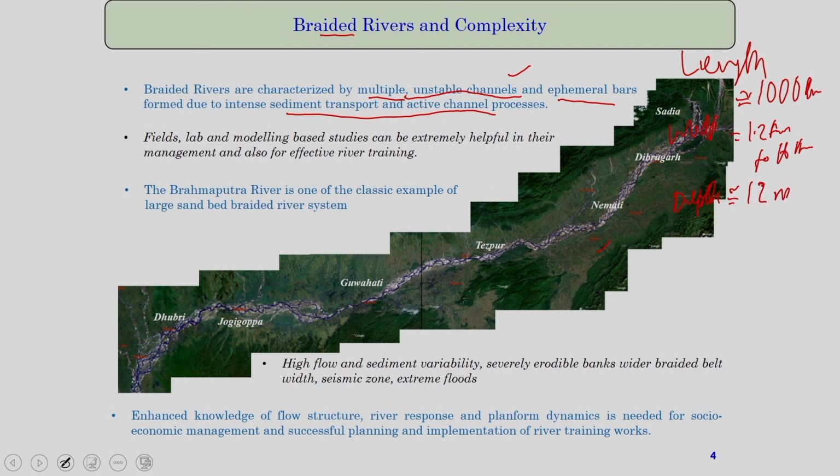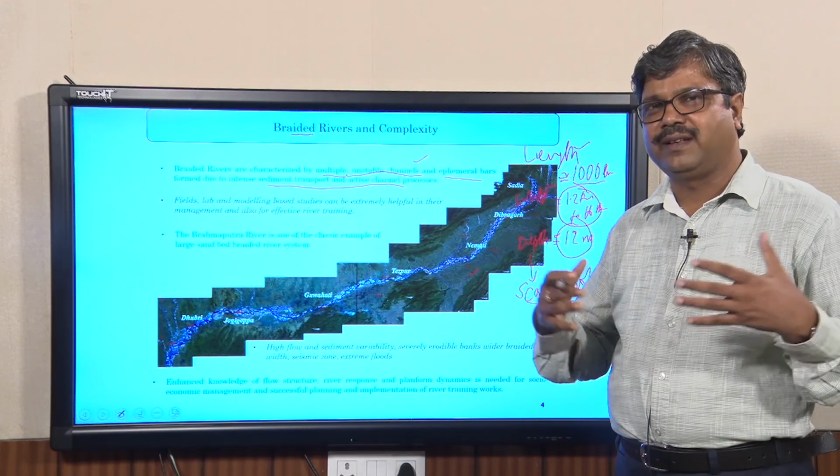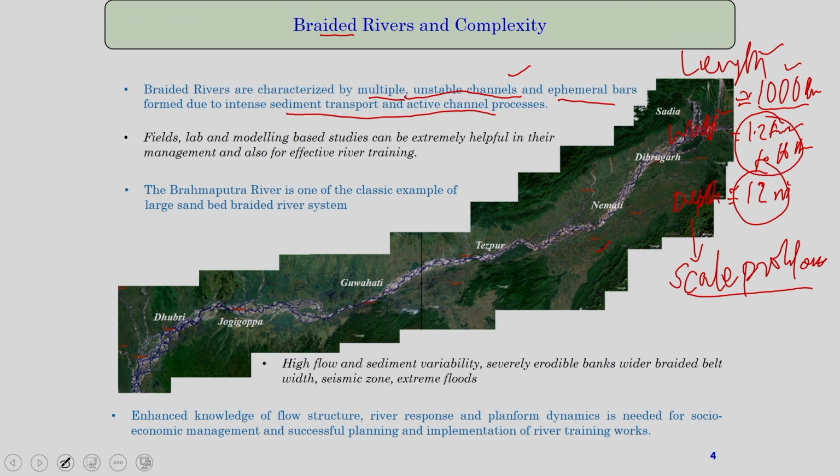If you look at these values, the length is on a 1000 kilometer scale, the width is on a few kilometer scale, and the depth is on a meter scale. This is what we call the scale problem with river systems, because the dimensions of the rivers are not the same in length, width and depth, which differ by considerable orders of magnitude.